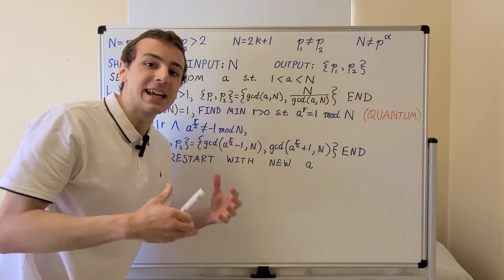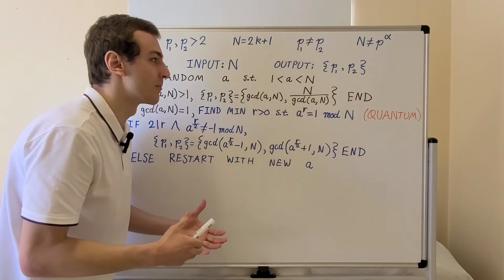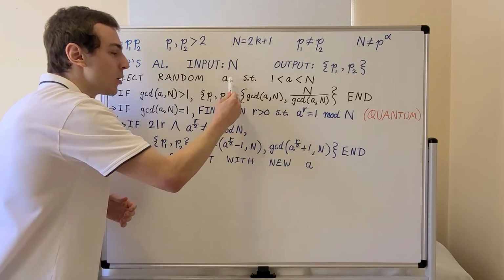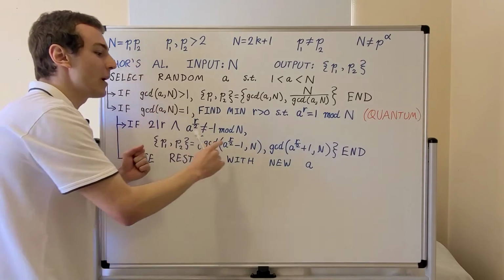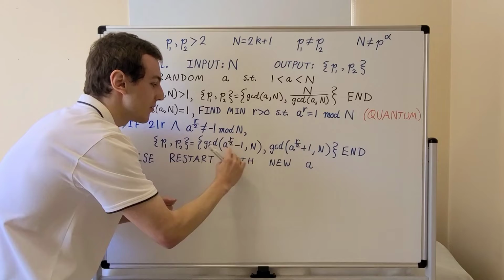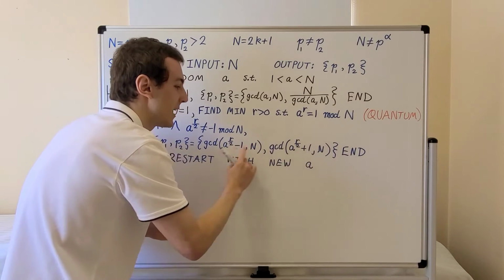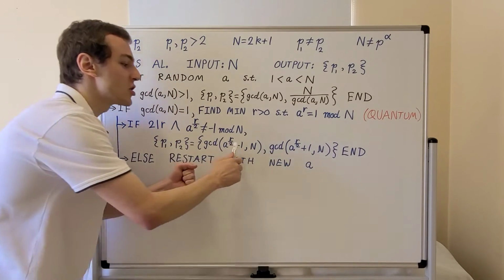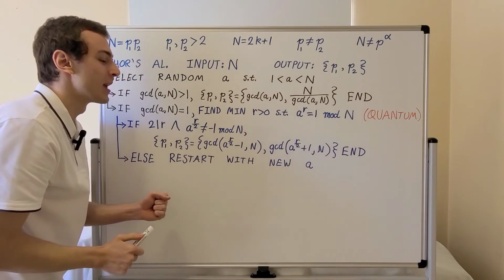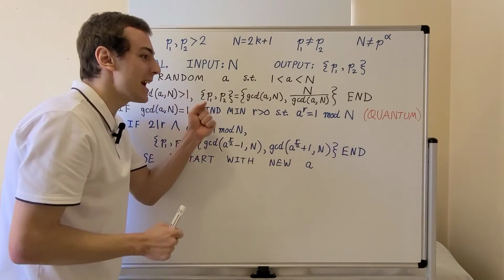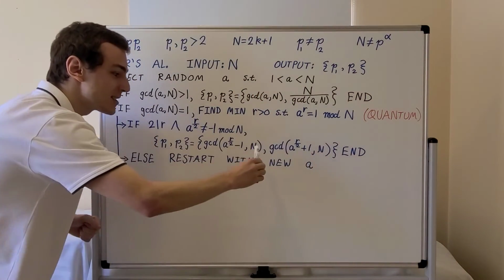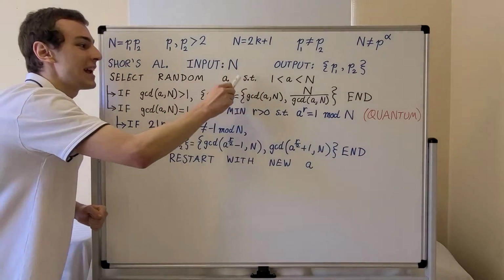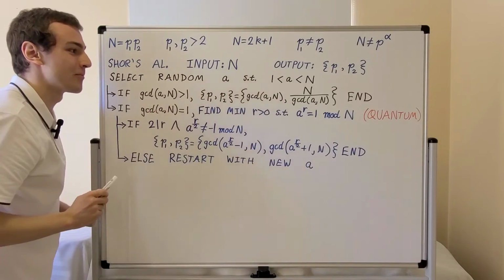So effectively, this is a guess and check algorithm. We start with a guess, we see if it works. If it doesn't work, then we try and turn that guess into a better guess. So this value over here and this value over here, this minus and this plus value, they are actually better guesses than a. We are turbocharging this guess with a quantum algorithm. And if that guess doesn't work, then we have to restart with a new random guess.